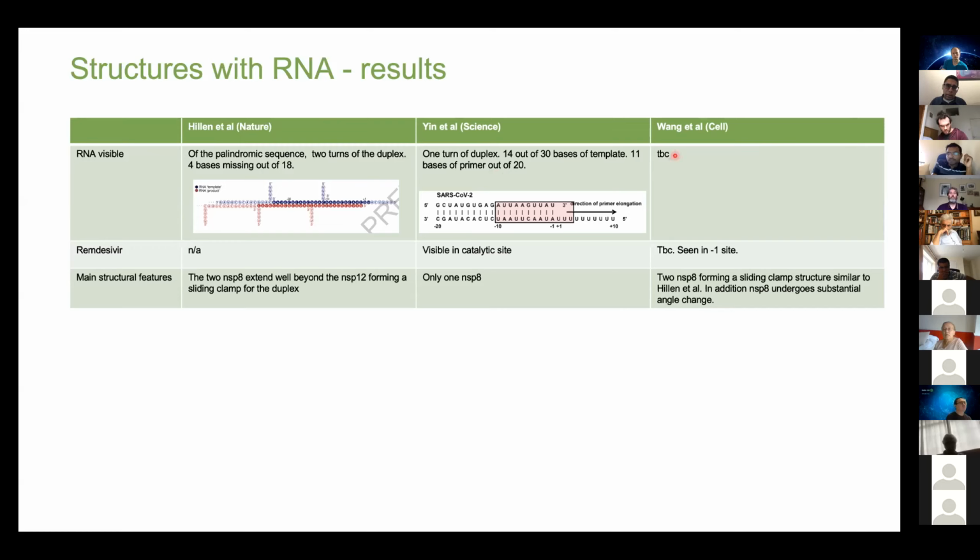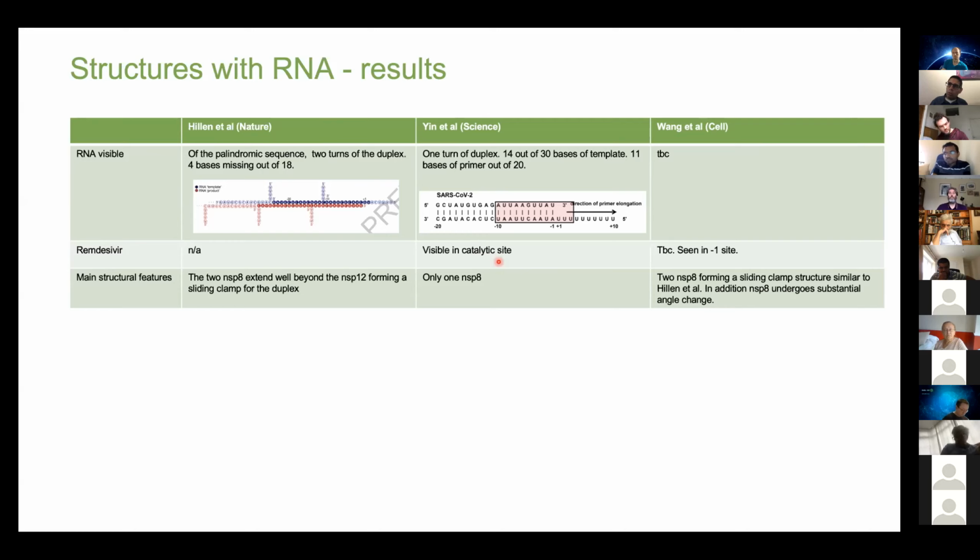The Wang et al. paper I've not looked at in detail. When it comes to remdesivir, the Hillen paper does not have any remdesivir. In the Yin et al. paper, it's visible in the catalytic site, which from the biochemistry should not really be the case.